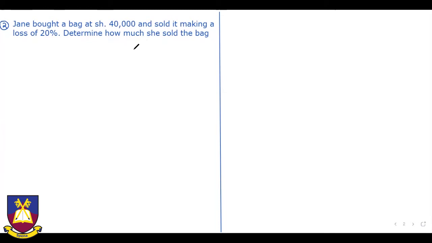We can either use the definition of percentage loss, or we can look at this very systematically and we see that if Jane bought a bag at 40,000 and sold it, making a loss of 20%, it means that her buying price was reduced by 20% because she's making a loss. So we can get the selling price by reducing this buying price by 20%.